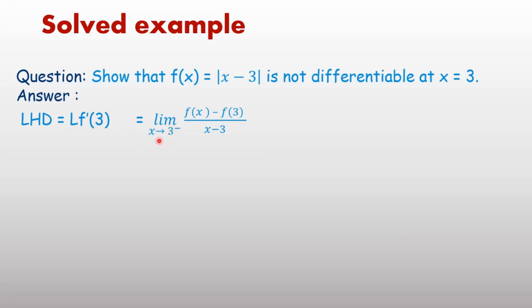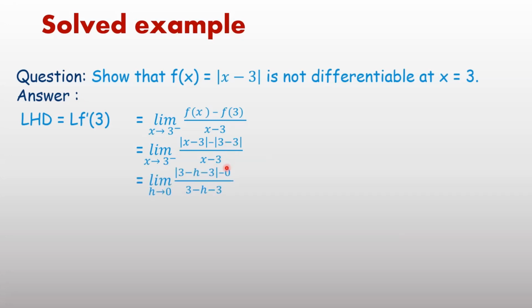By definition, limit x tends to 3 minus, f(x) minus f(3) upon x minus 3. In place of f(x) put the value mod of x minus 3, minus the value of f(3): in place of x write down 3, mod of 3 minus 3, upon x minus 3.